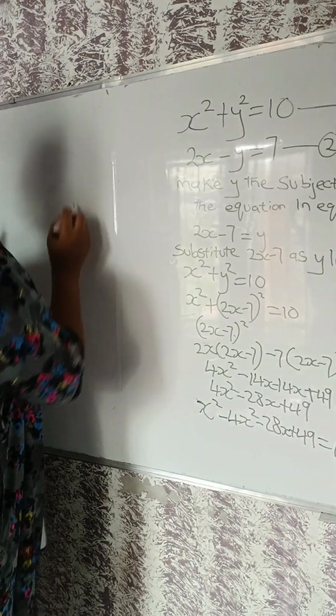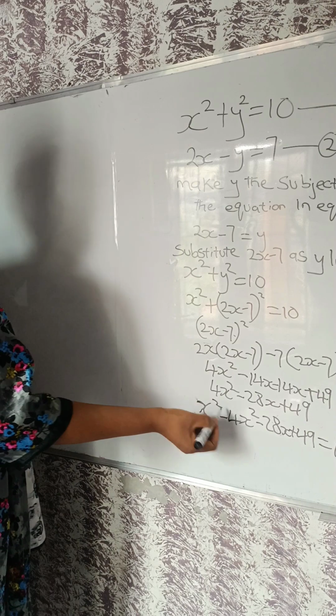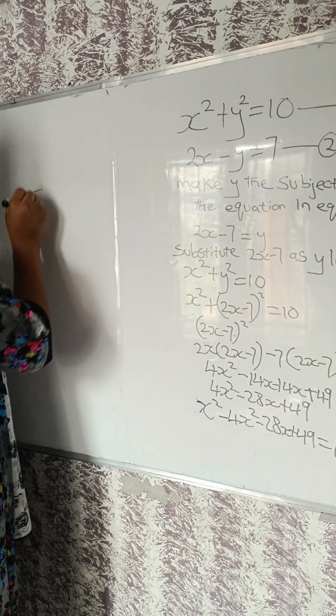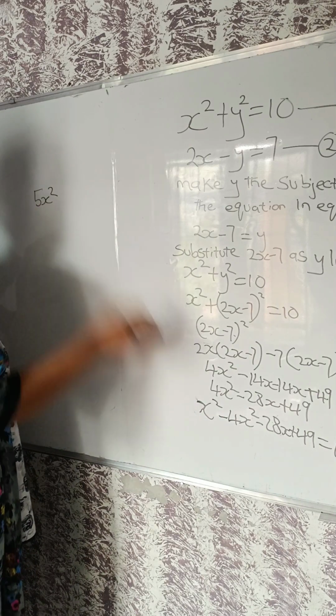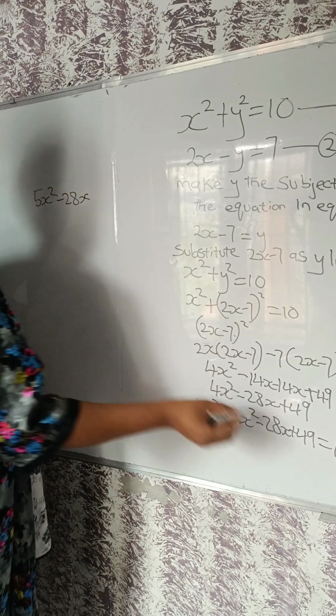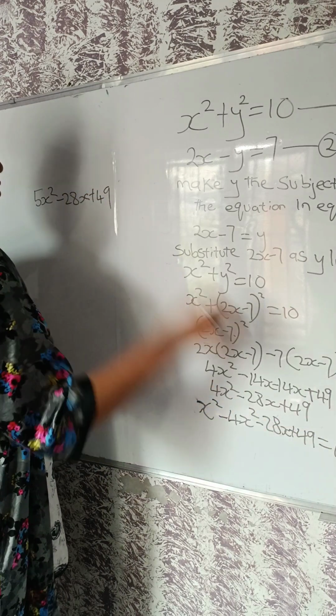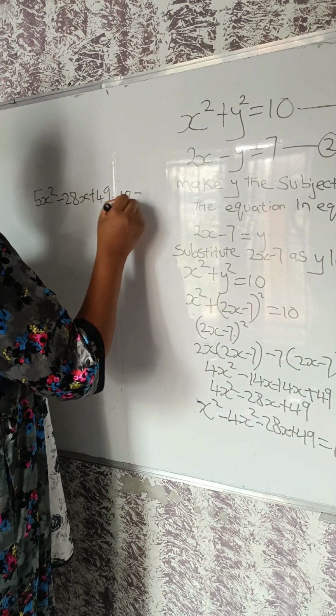So we do it this way. Come over this way and do it this. So x squared plus 4x squared is 5x squared minus 28x plus 49. Now this 10 crossing over becomes minus 10 equal to 0.